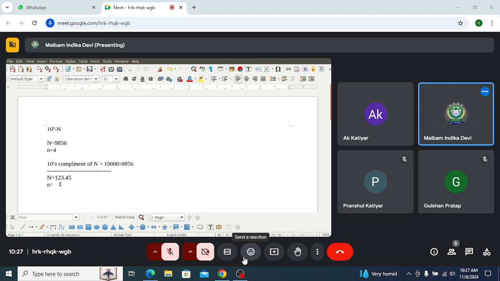Tell me. What will be the value of small n? n is the number of digits. Yes, Gulshan, Pratap, Pransul, reply.